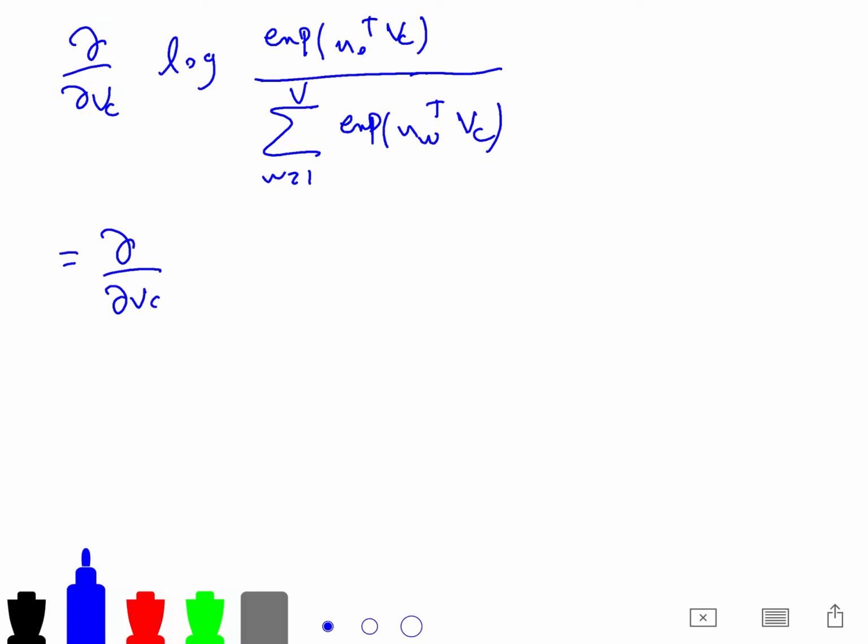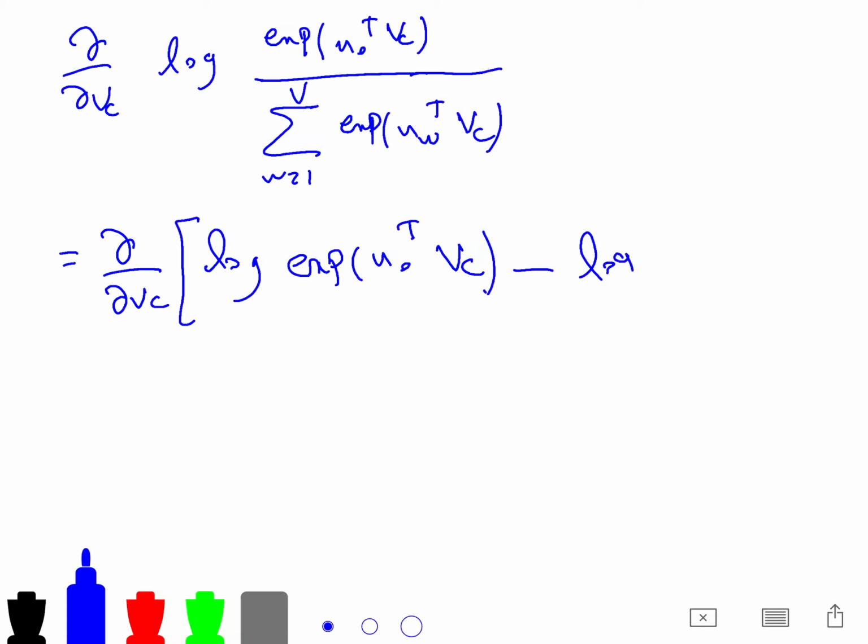First of all, it is log of exponential of U output transpose VC, and log of something A over B becomes log of A minus log of B. So this becomes log of the sum over W from 1 to V of e to the UW transpose VC.